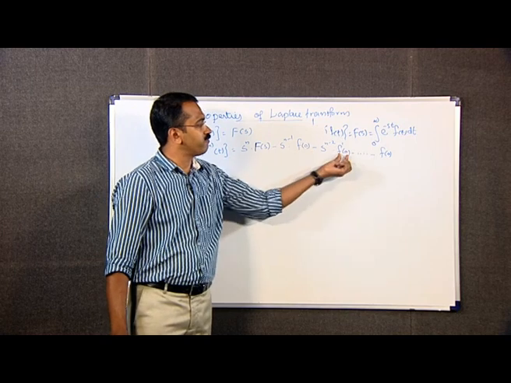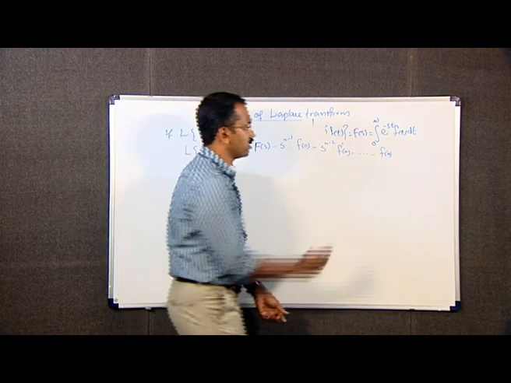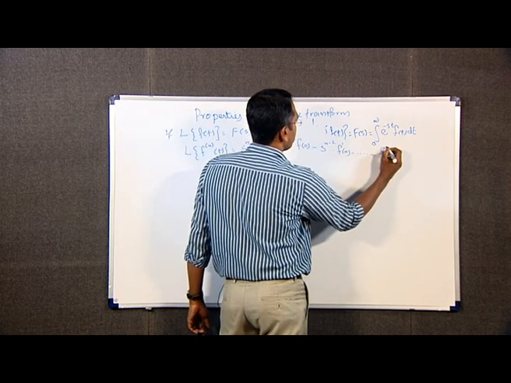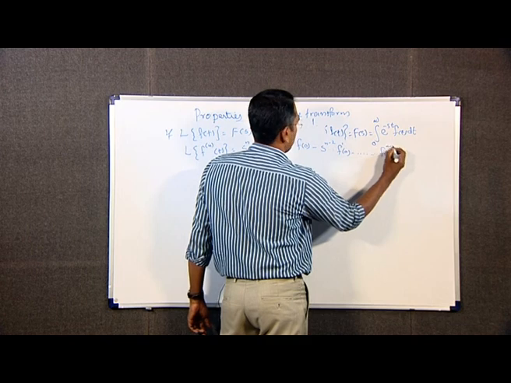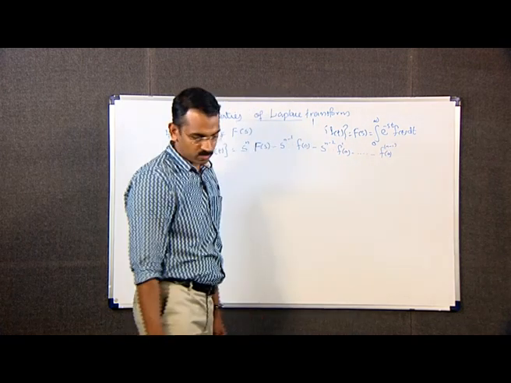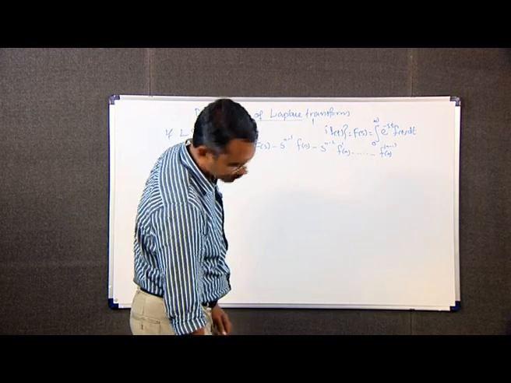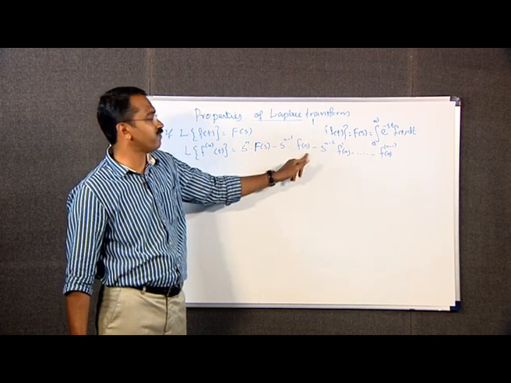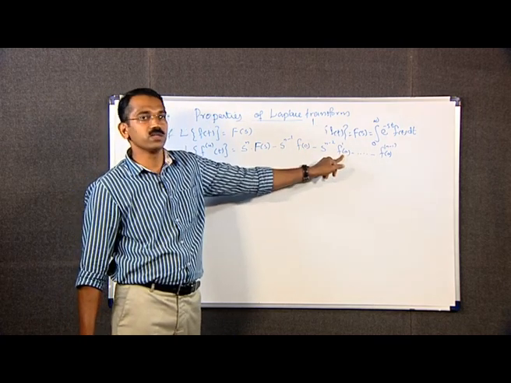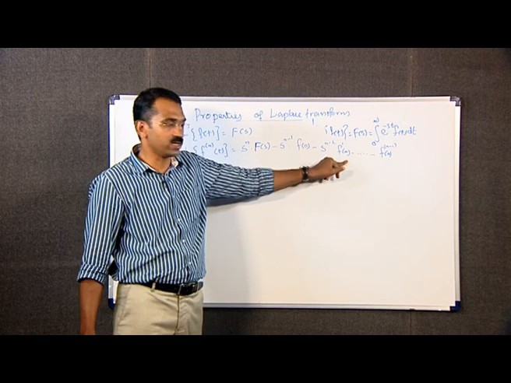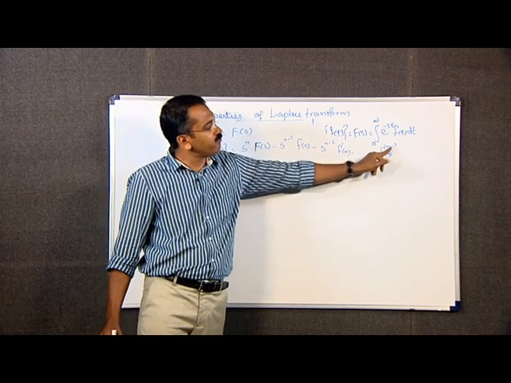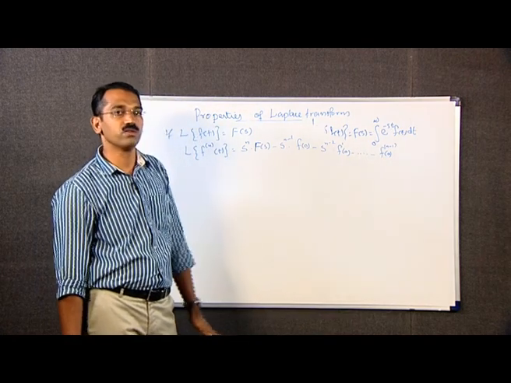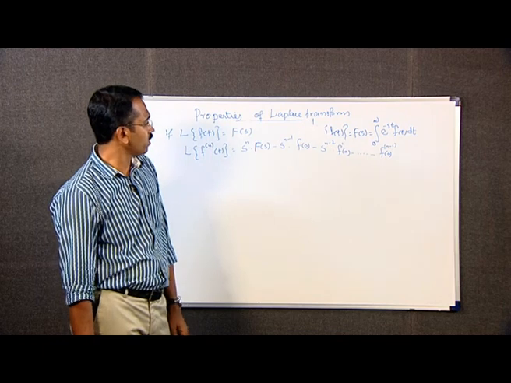Here f of 0, f dash of 0, etc. The last term is the n minus 1th derivative at 0, f n minus 1 at 0. f of 0 means the value of f of t when t equals 0. f dash of 0 means the value of f dash of t at t equal to 0, and so on. f n minus 1 at 0 means the value of the n minus 1th derivative at t equal to 0.